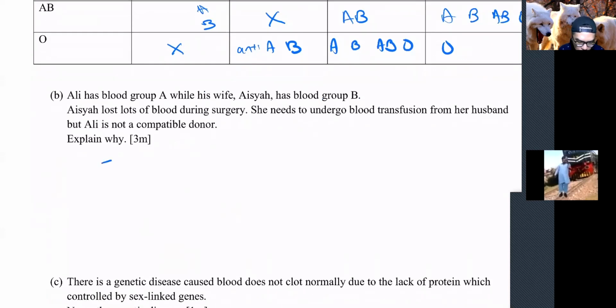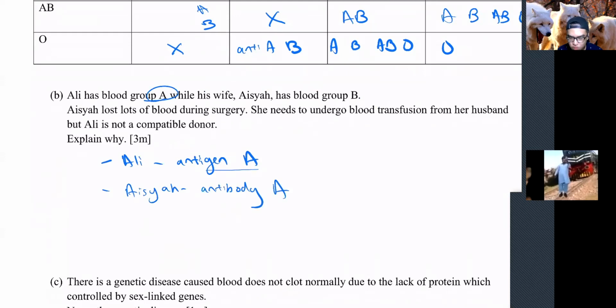So for Ali, because he's blood group A, he has antigen A. Aisha has antibody A. So these two, they will fight lah. So you can say they are incompatible. They will cause agglutination.